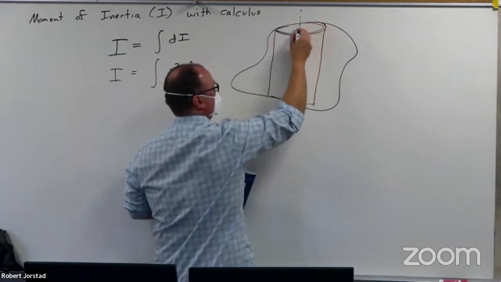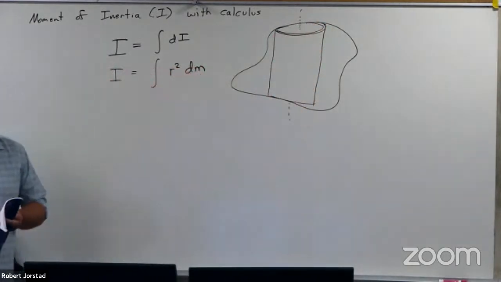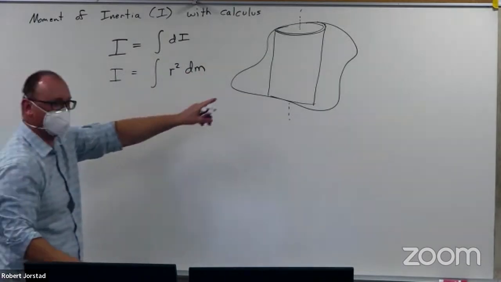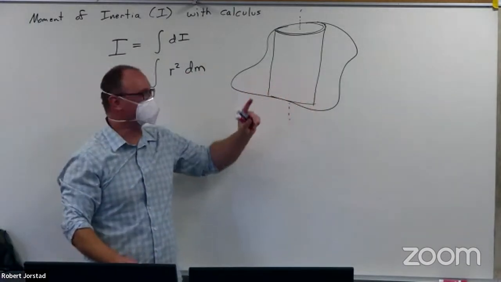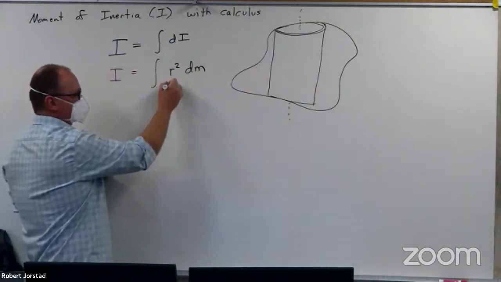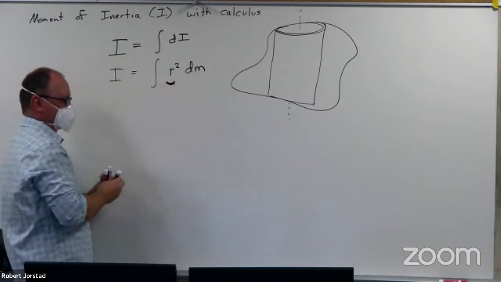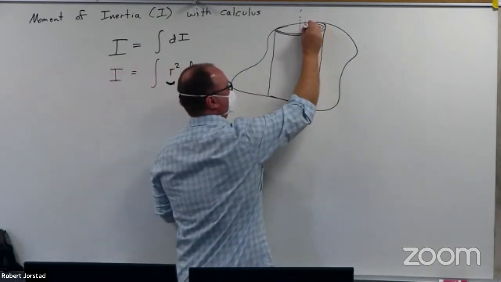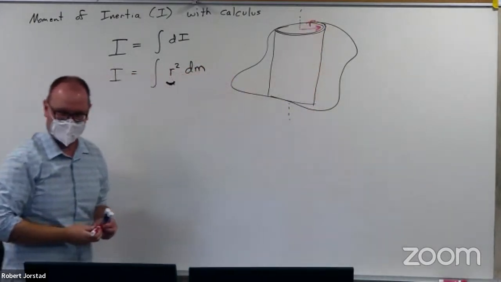We're using the shell method. Remember, you're not going to have to do this in my class. I'm just trying to show you the basic principles. In theory, there's a radius in the calculation. The radius is the distance from the axis. In theory, you could build something up out of cylindrical shells in calculus class.